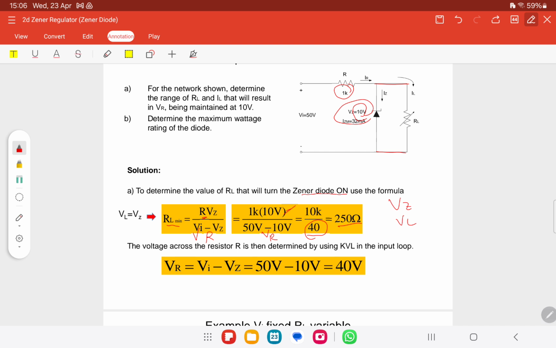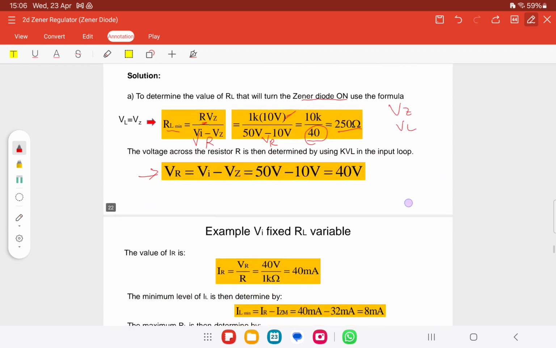Okay, this one we got earlier, the VR, because we assume to use the value of the Vz. Remember, once we assume the Zener diode is on, we use the given value of the Vz. Okay, what else?